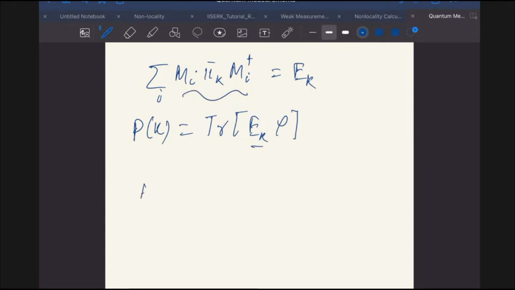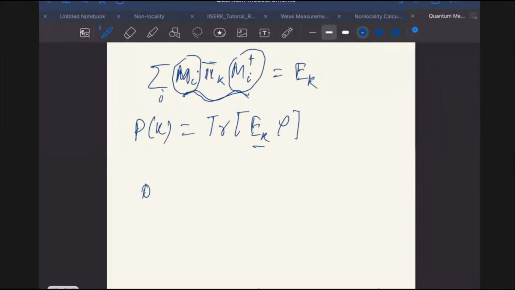Then see, E_k is some operator-evolved projective valued measure. In quantum information theory, these operators are called Kraus operators. So I can say the POVMs are actually Kraus-operator-evolved projective valued measures, or PVMs.